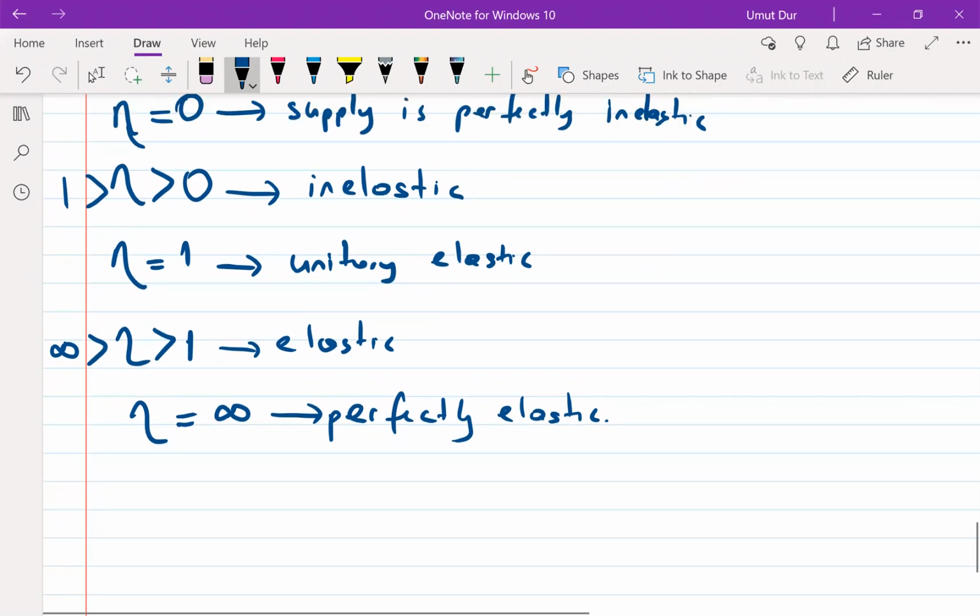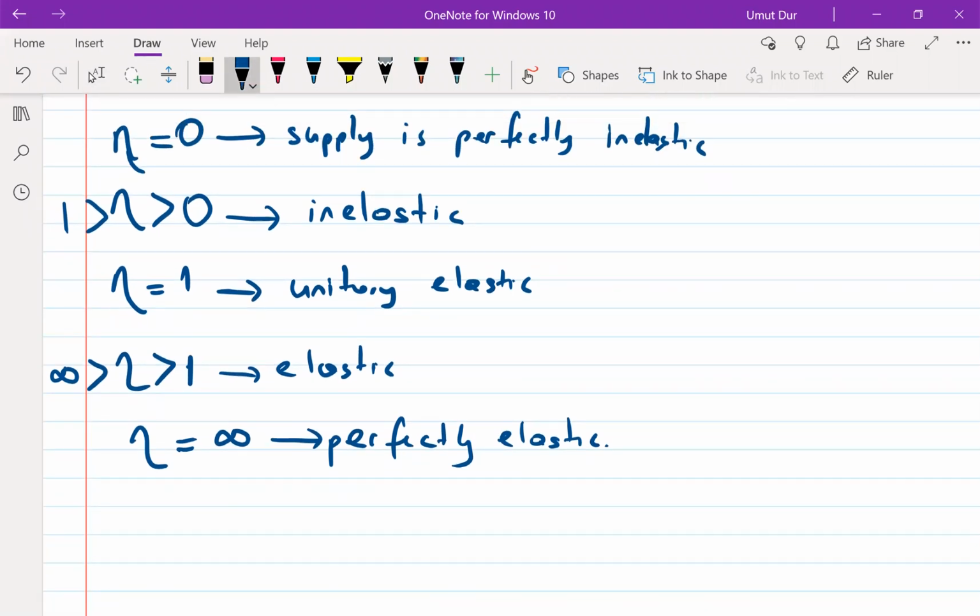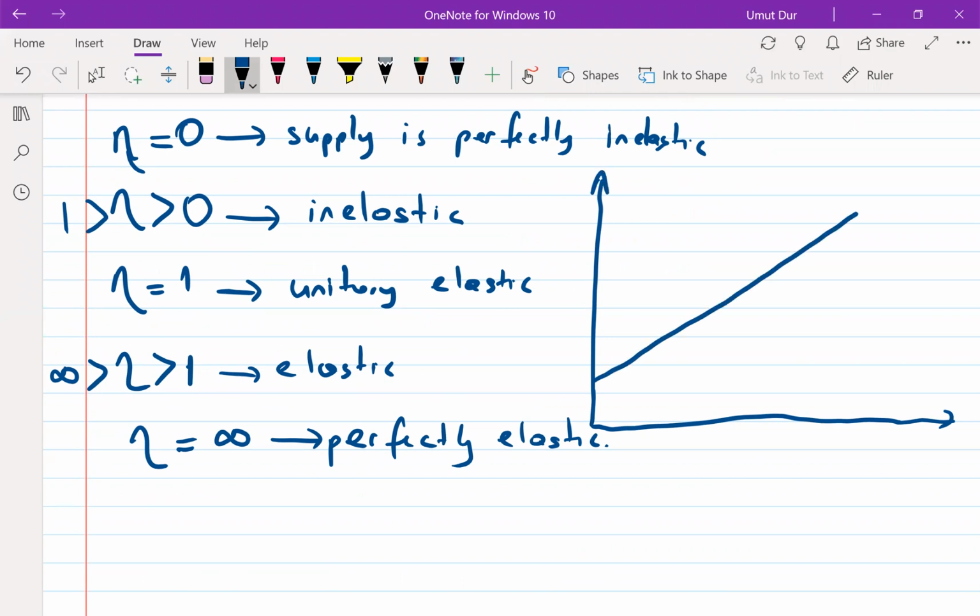Okay, but so let's see how the supply elasticity changes over the supply curve. Suppose that we are looking for this supply curve. So this is P, this is Q. Good. So let's say that we are interested in the supply elasticity.